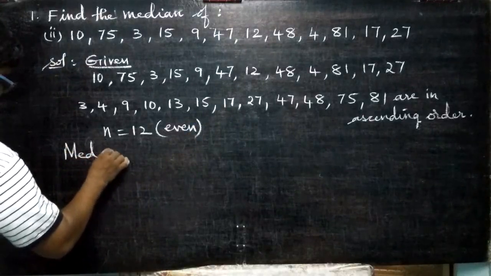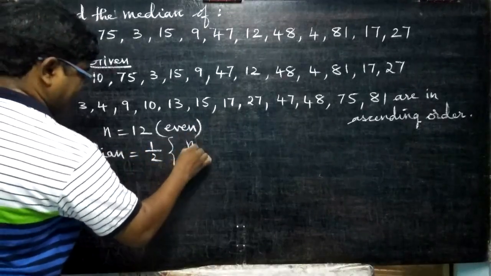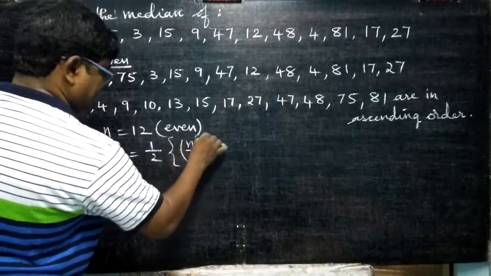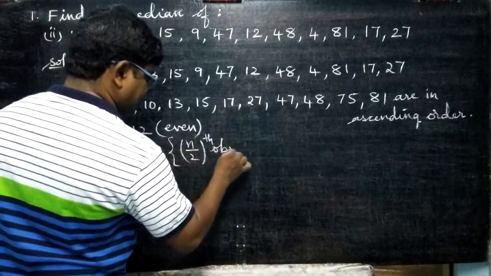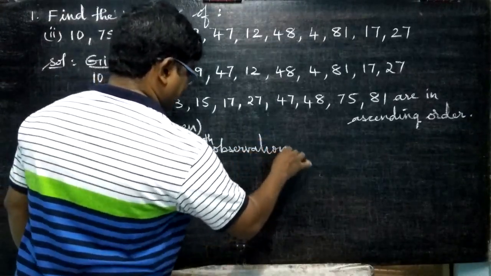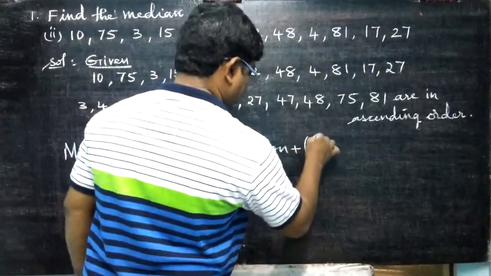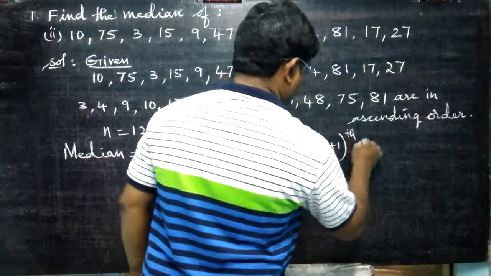Median is equal to half of n by 2 th observation plus n by 2 plus 1 th observation.